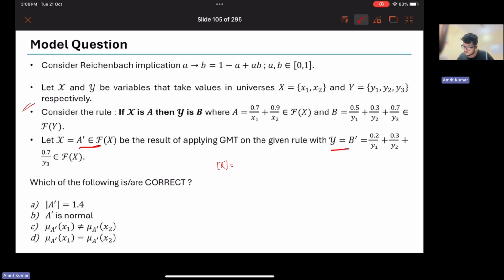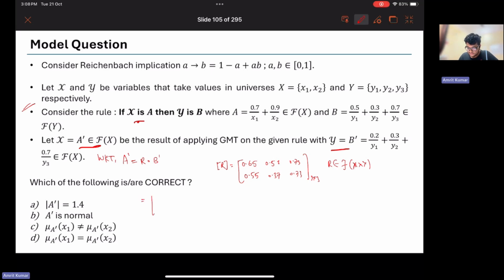right? I'll refer to my notes quickly. It was 0.65, 0.55, 0.51, 0.37, 0.79, 0.73, right? So R is a fuzzy relation from universe X to universe Y, and it captures the conditionality expressed by this fuzzy if-then rule. Now we know that the antecedent fuzzy set A dash is obtained by post-composing the fuzzy relation R with the consequent fuzzy set B dash, right?